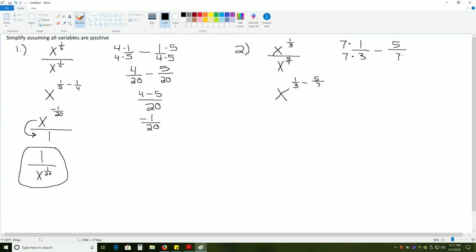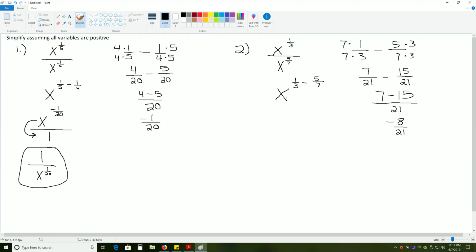To get this 7 to become a 21, we have to multiply it by 3, which we also multiply to the numerator so that the problem is unchanged. That gives us 7 over 21 minus 15 over 21. Now to subtract these fractions, we get 7 minus 15 all over 21, which gives us negative 8/21.